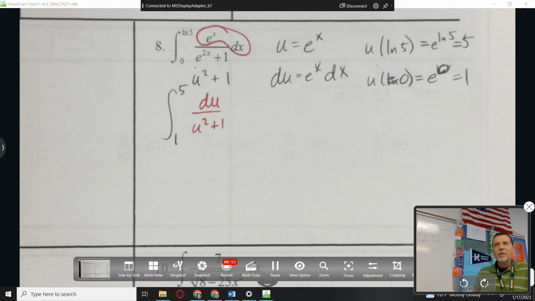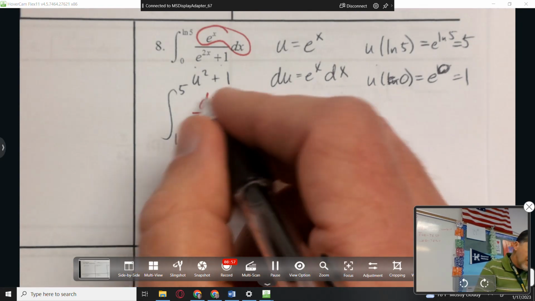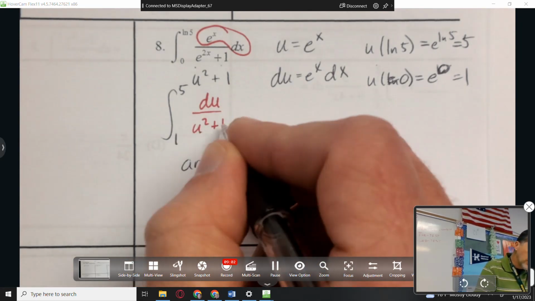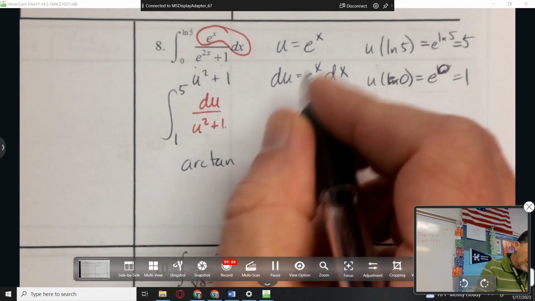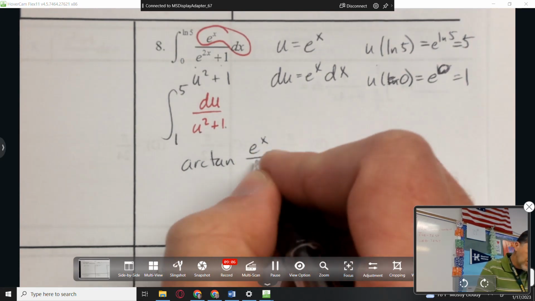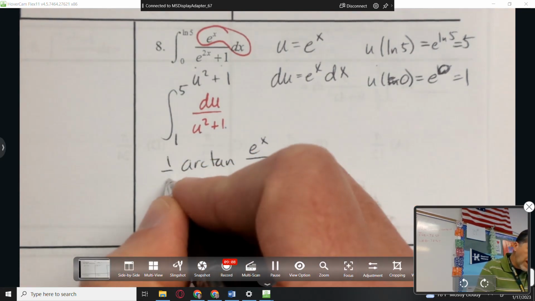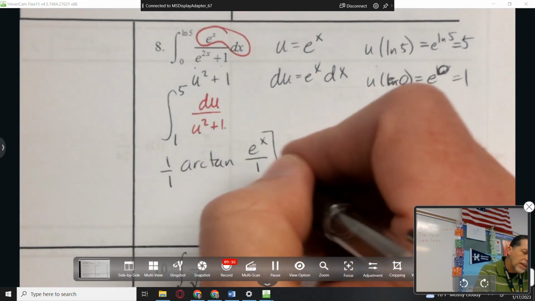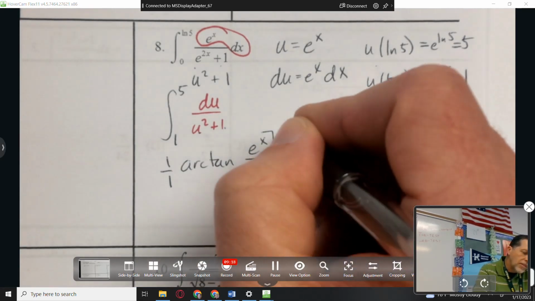Did I make a mistake? So now it's arctan of u over a, e to the x over 1, 1 over a out front. That's a little bit ridiculous, 1 over 1, but that's just to remind you and remind myself, it's 1 over a out there, from 1 to 5.